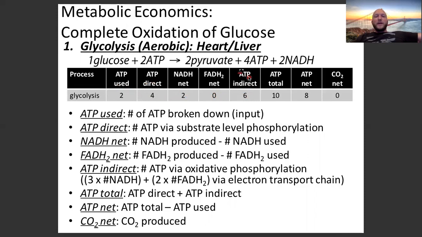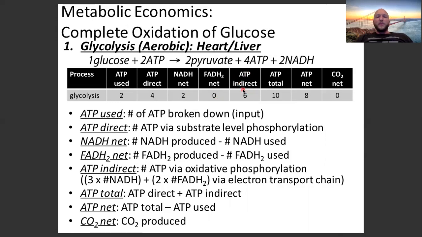The indirect ATP is the ATP we get from NADH. I'm going to say this again because this is a confusing part of this. These charts are great for studying, they're great for understanding this whole thing, but the one thing that throws people off is this idea of indirect ATP.